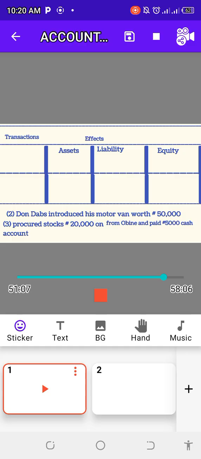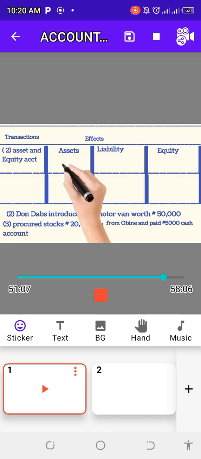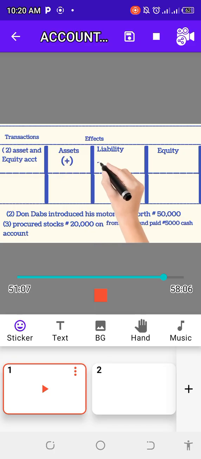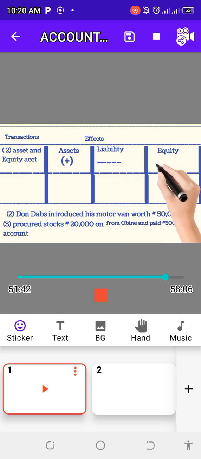The first transaction, the accounts involved are what? Motor van account and capital account, or equity account. So there is an increase in assets because motor van is an asset. So we put plus there. No effect on liability. And there's an increase in what?